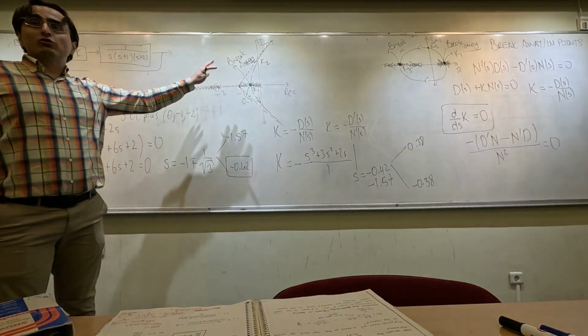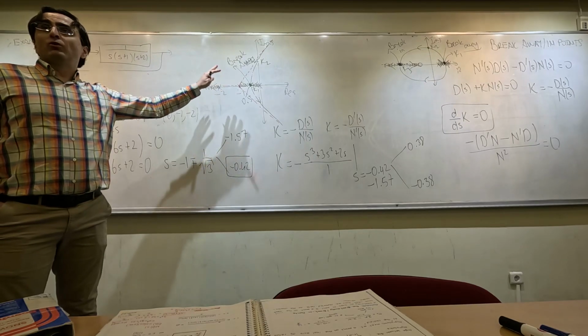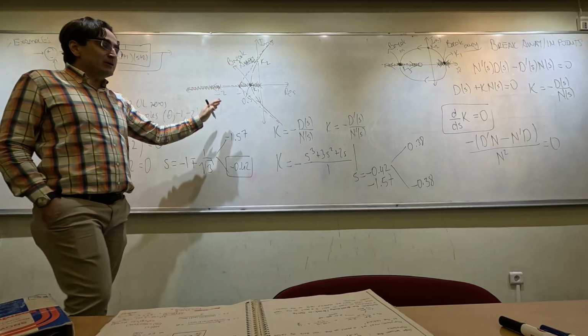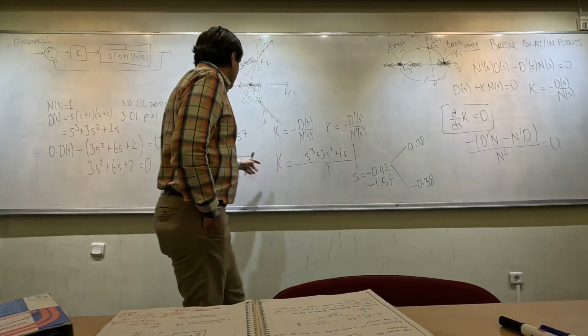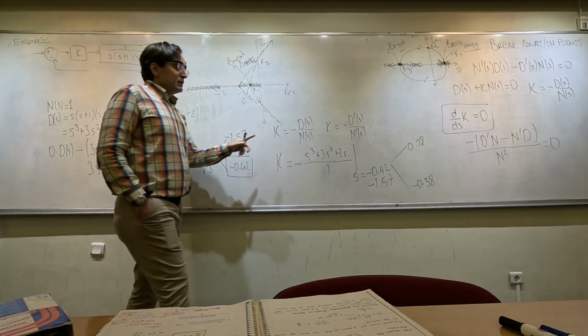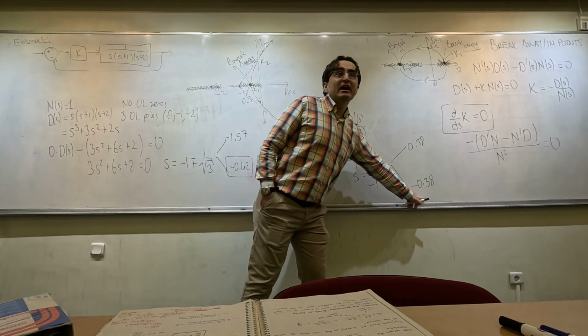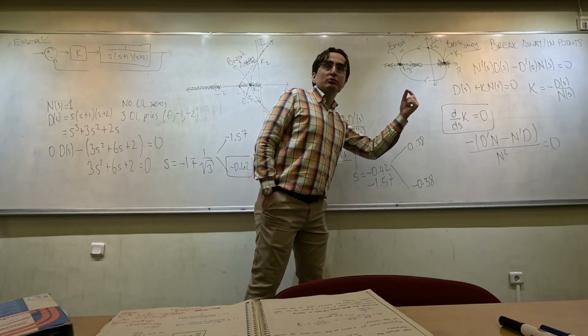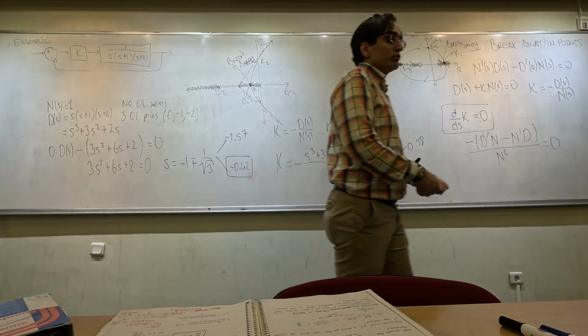We are always drawing our root locuses for 0 or positive k values. Okay? This actually means that the second point that I have located here is for a negative k value. For a negative k value, there are double roots at some point on the root locus.